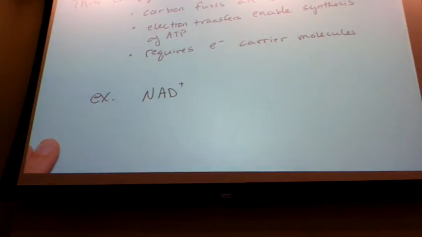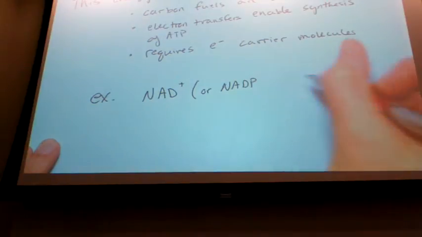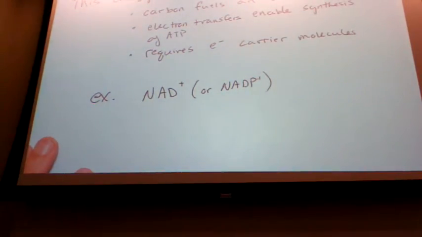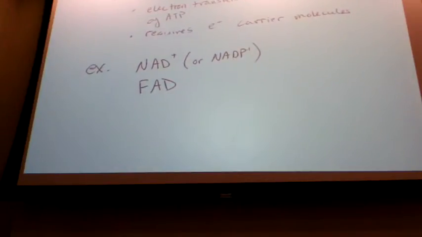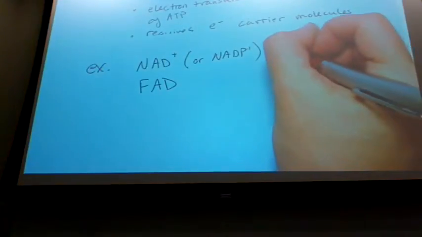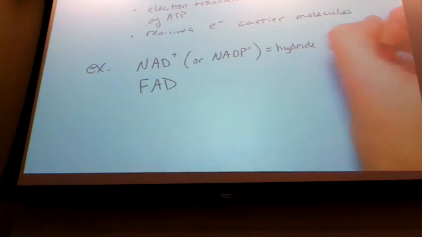So NAD plus, and in parentheses I'll say or NADP, but we only see NADP in certain situations, so for the most part we're going to ignore that one. Mostly it'll just be NAD. And then the other one to know is FAD, and that one does not have a positive charge in it. Okay, NAD is a hydride acceptor.